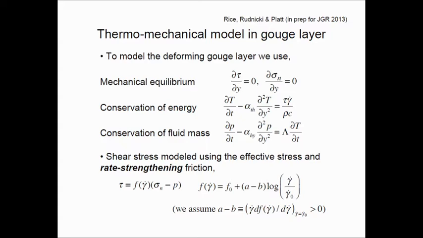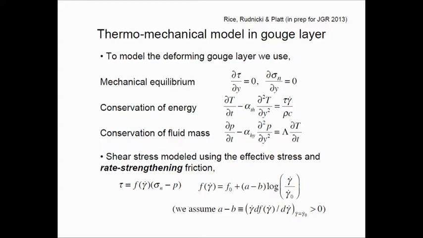And what we also do is, in order to deal with the situation that we're imagining a material resistant to localization, we make, at least for small perturbations from uniform shear rate in the layer, the material rate strengthening. That makes sense, A, because a lot of materials are rate strengthening when we look at lab results on them, and B, if they are not rate strengthening, they become so as their temperature rises.